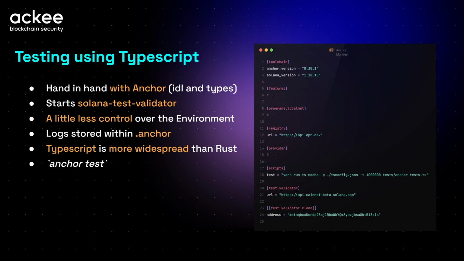There is an option that you can specify so that anchor test will not shut down the Solana test validator, but the validator will still remain running. So you do not need to start the validator by yourself in the .anchor folder, but you can go straight to the Explorer and see the results, see the test, see the state.